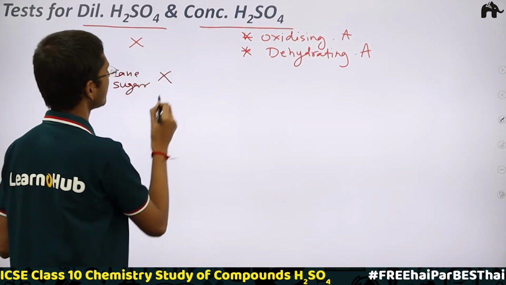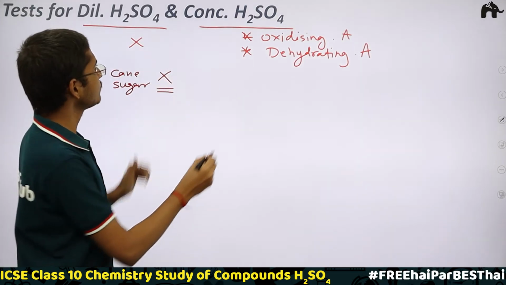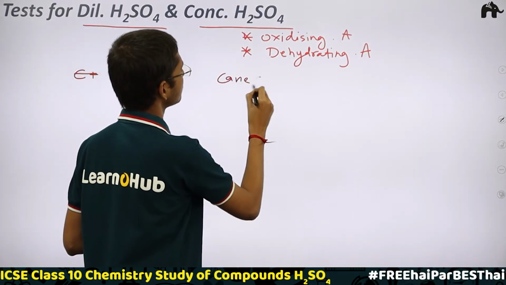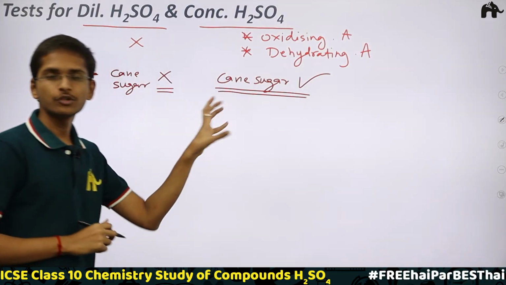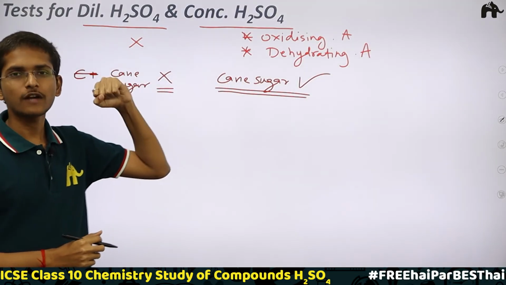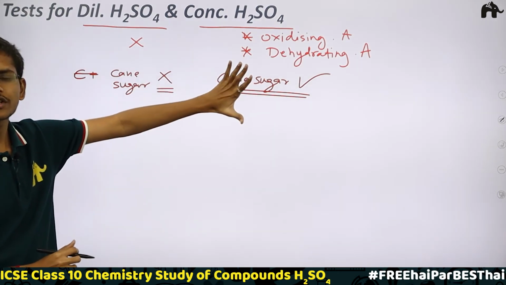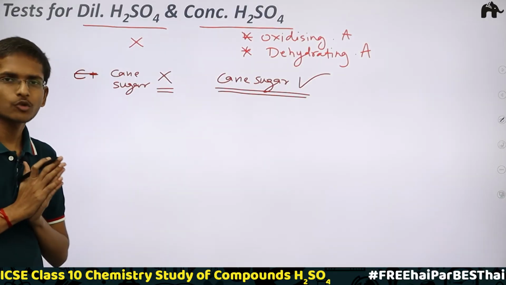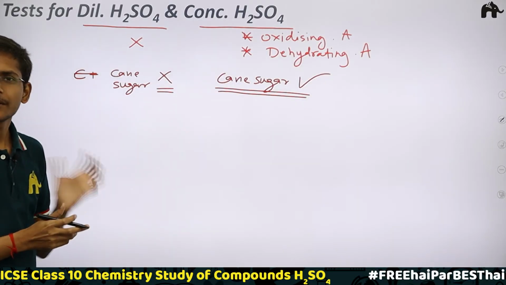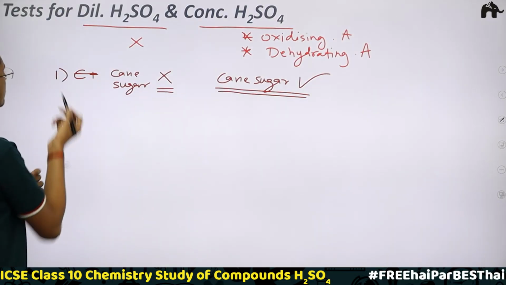But in the same manner, we have just seen that concentrated sulfuric acid would dehydrate cane sugar. It would give us a black spongy mass of carbon which would rise out, and all those observations you could observe in the case of concentrated sulfuric acid, and in the case of dilute sulfuric acid, the cane sugar would remain as it is. It won't show any changes. So this is the first distinguishing test.